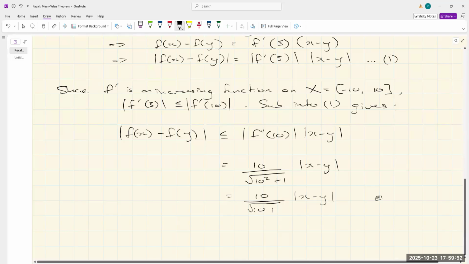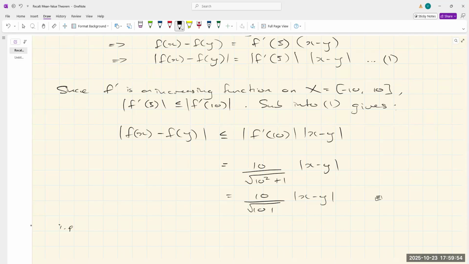So we proved that f is Lipschitz. So maybe I should say f is a contraction map, right? Because a contraction map is a Lipschitz map if the Lipschitz constant is strictly between 0 and 1. This guy here is less than 1. So let me write that a bit better.